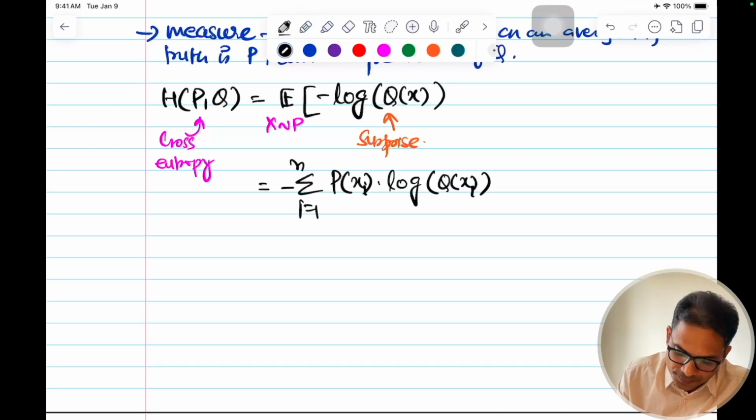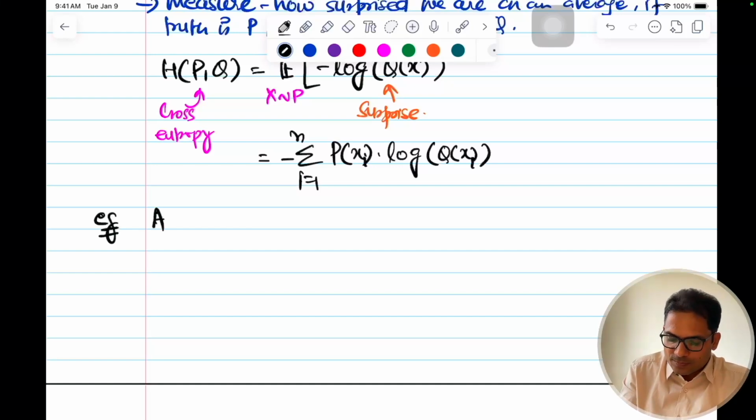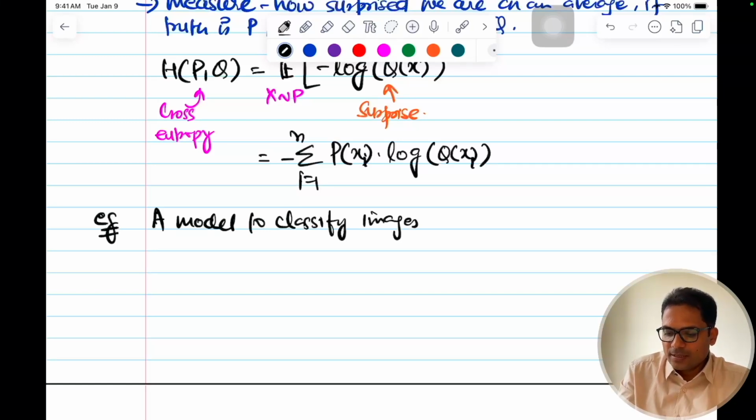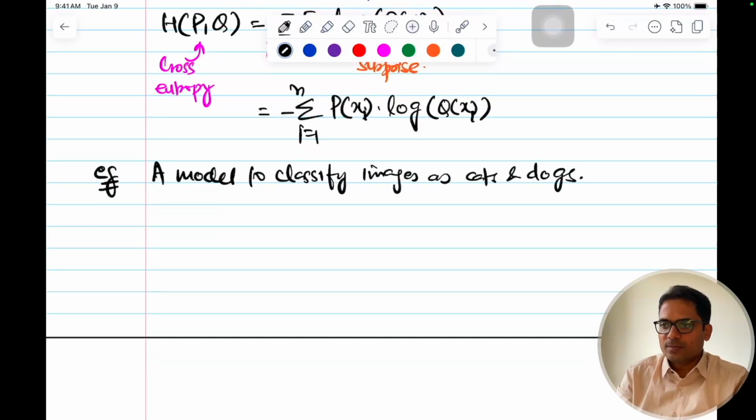Let's see the example. We have a model which is used to classify images as cats and dogs. For an image, say if it is an image of a cat, what will be my outcome?